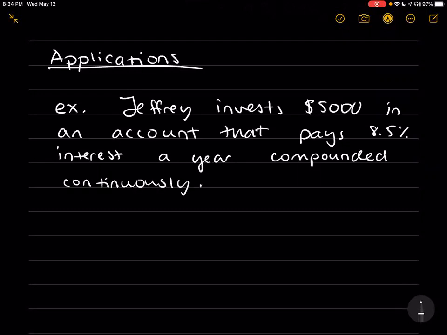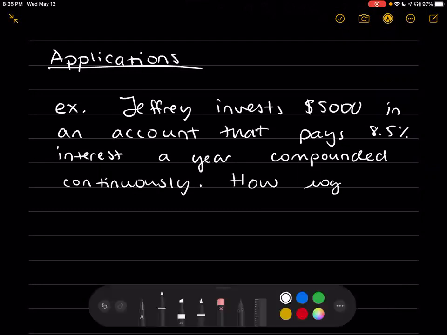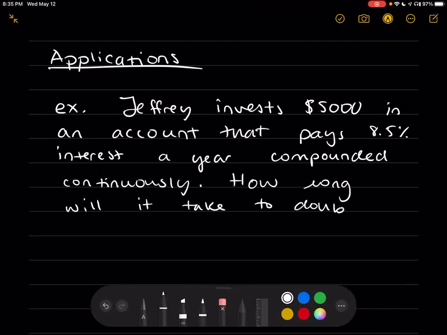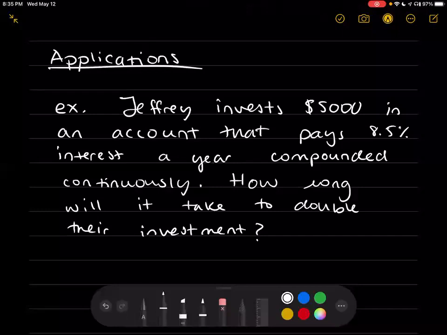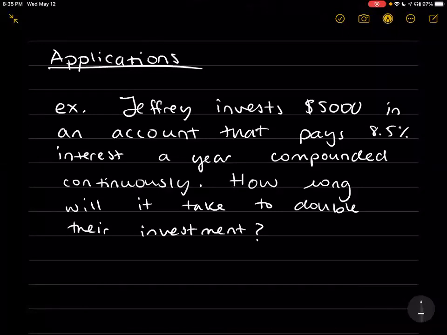We want to know how long will it take to double their investment? So this is a continuously compounded interest problem.